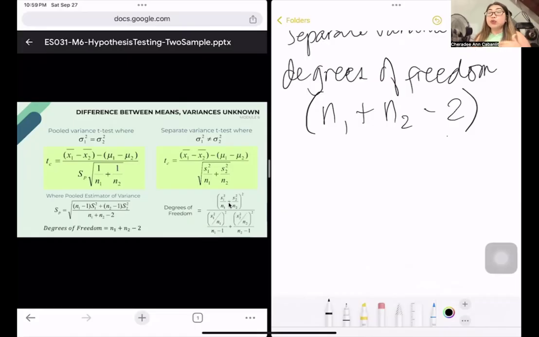Get it? So, only Sp changed. While in the separate variance t-test, the computation of your degrees of freedom is the complicated one. And then somehow the answer could be in decimal value. So always round it up. Okay, that's our rule. We round it up. And then that's the time we go to the table and find its value.